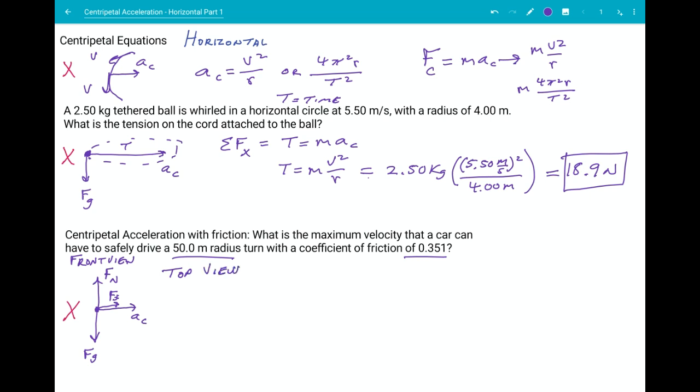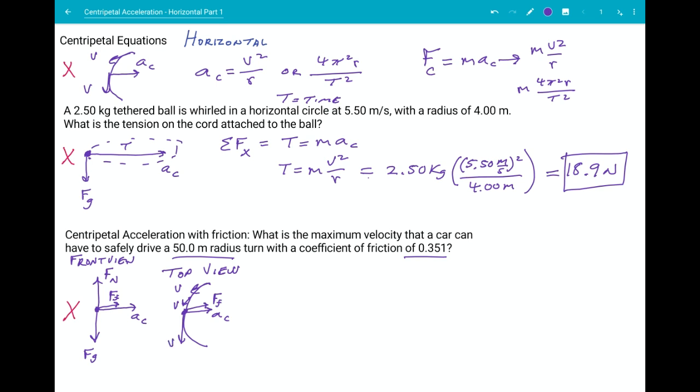So let's take a top view of this car going around a turn. Okay, so we got our turn. Here's the car, and that means the centripetal acceleration is towards the center, and so is the friction. See, as the velocity vector changes, the friction helps push the car into the turn.